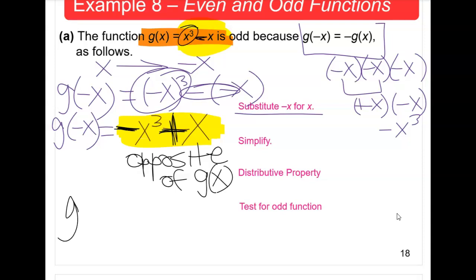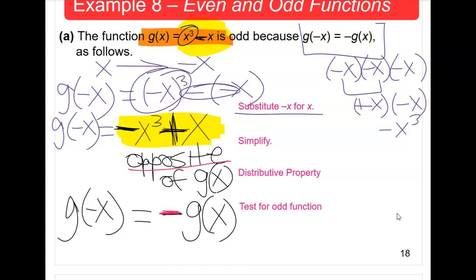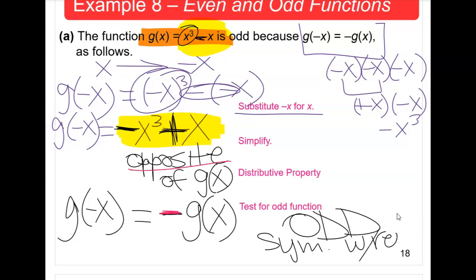After replacing x with negative x, we got the opposite of the original function, and therefore the function is odd. And remember, functions that are odd are symmetric with respect to the origin.